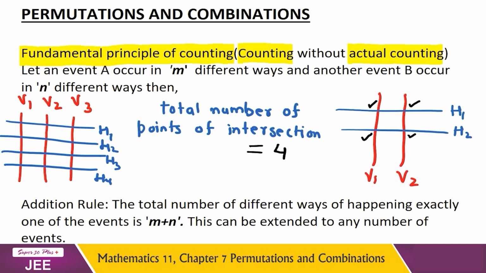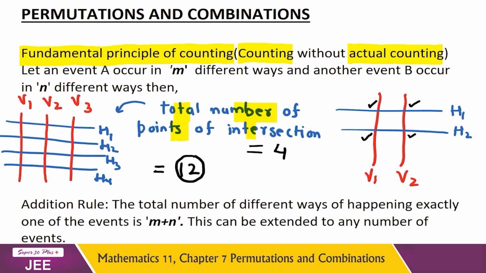Now, if I ask the same question, find the total number of points of intersection, I can directly tell you the answer, and the answer is 12.